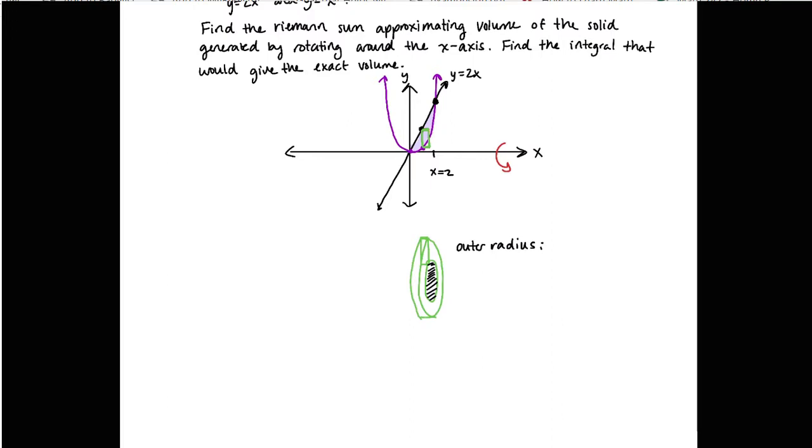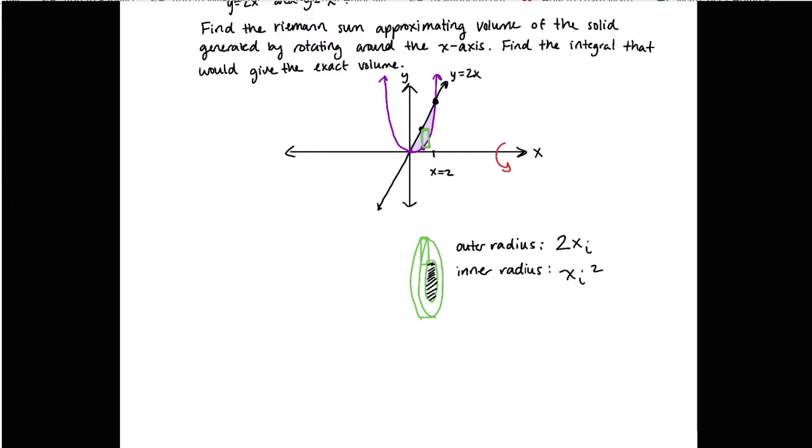So the outer radius is going to be 2x sub i, if we're looking at just an arbitrary ith washer. And the inner radius is going to be the distance from the x-axis to this purple parabola. So it's going to be x squared, x sub i squared, if you will.